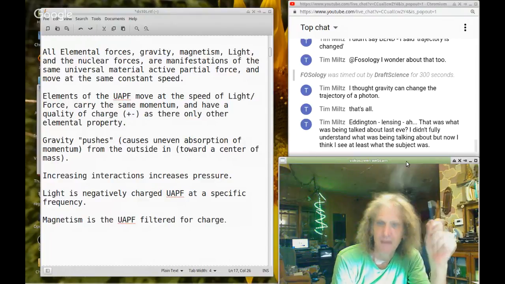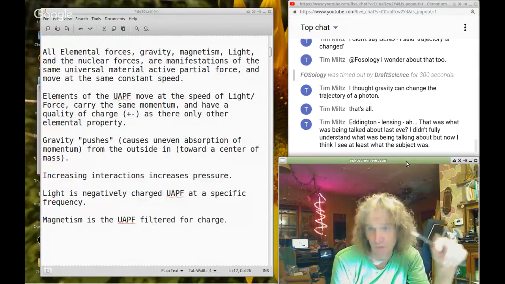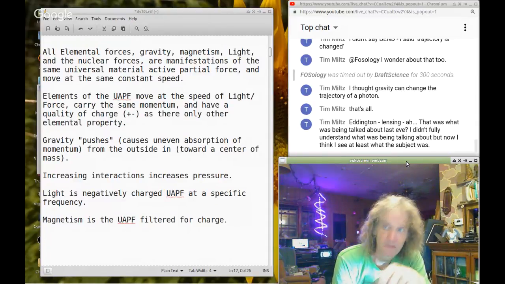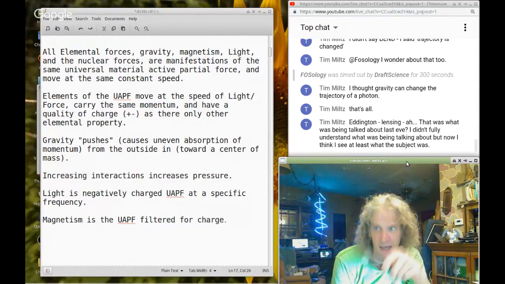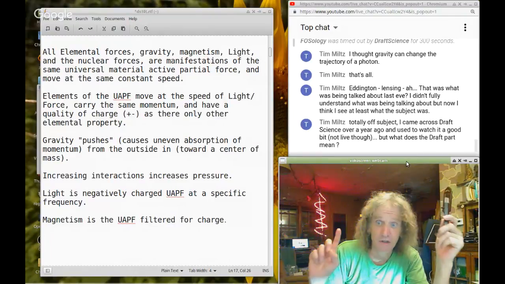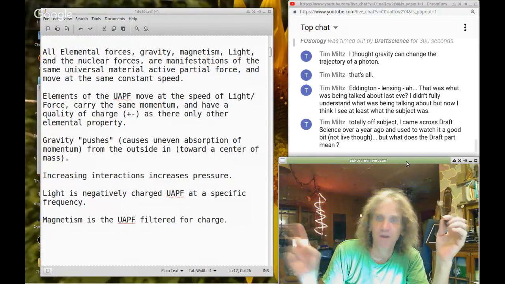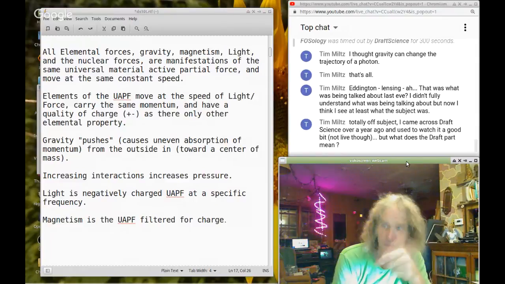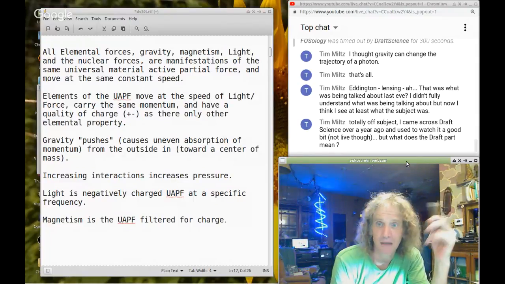So gravity, light, magnetism, and the nuclear forces are all different manifestations of the one force, the universal active particle force, which is just a bunch of the cosmic background radiation in a form where it isn't at a frequency, and it has two polarizations, plus and minus.